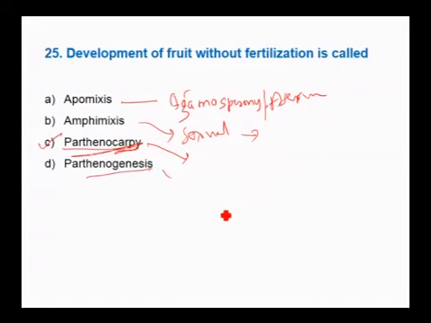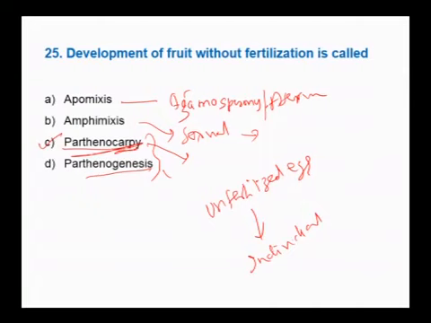It is the development of an unfertilized egg into an individual. Generally you get confused between these two, parthenocarpy and parthenogenesis. Parthenocarpy is development of an unfertilized ovary into a fruit, whereas in parthenogenesis an unfertilized egg develops into an individual.